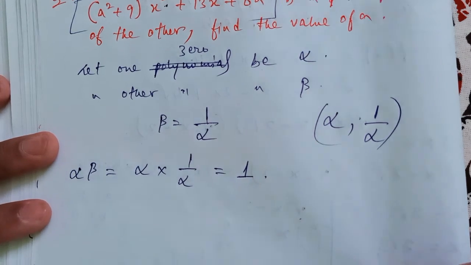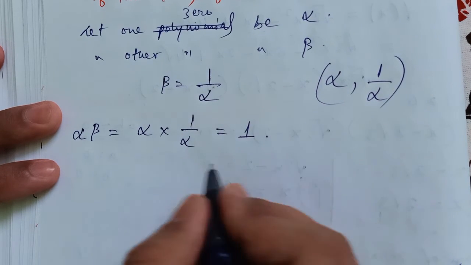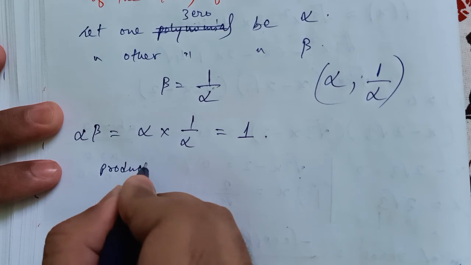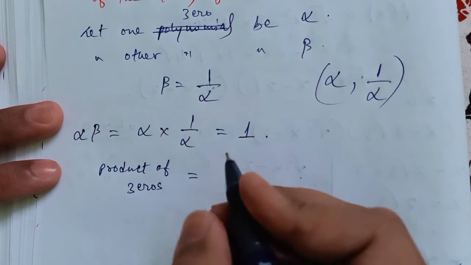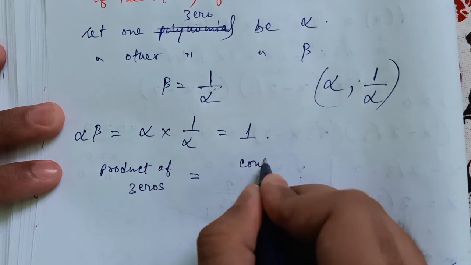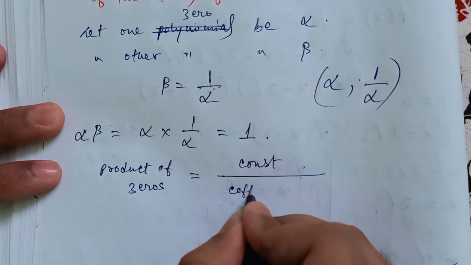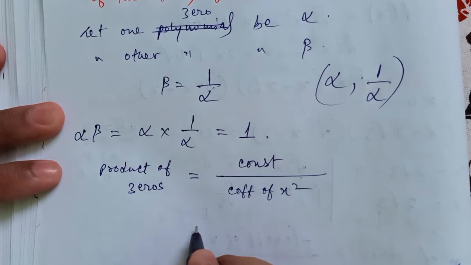But by the relation of coefficient and the zeros, what do we know? We know that product of zeros is equal to constant term upon the coefficient of x square. So let us put the values accordingly.